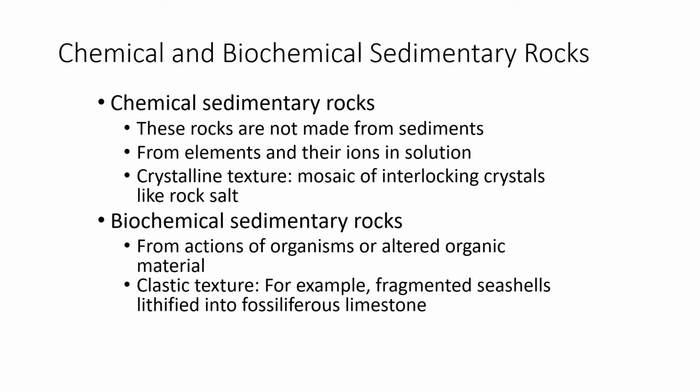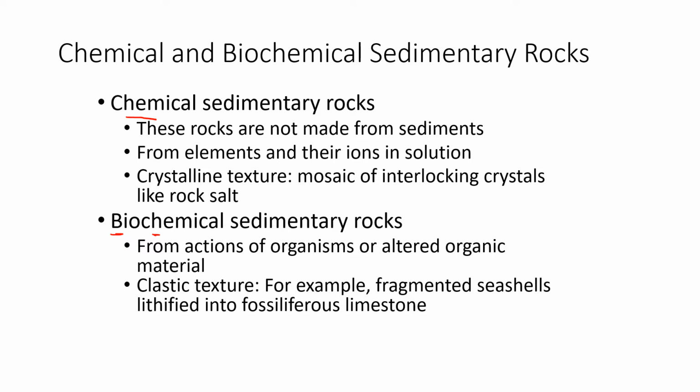Then there are the biochemical sedimentary rocks, and notice the difference here. The chemical sedimentary rocks are precipitated directly from the elements and ions in the water. Bio means that there's some life action involved in them.